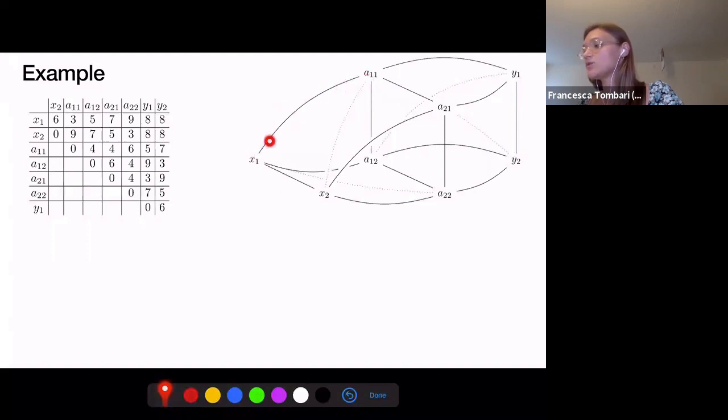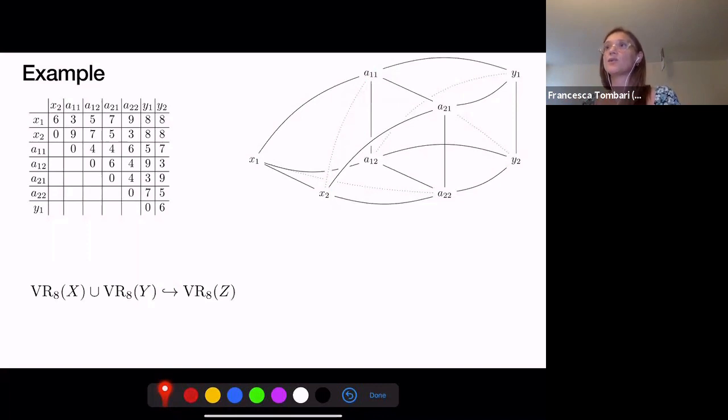Like this is going to be less or equal than 8. And also the distance between these two is going to be less or equal than 8. And there is a dotted line to underline those distances that are equal to 9. Why this? Because we're interested in the Vietoris-Rips complex at scale 8. And it was a mess to try to draw all the lines.